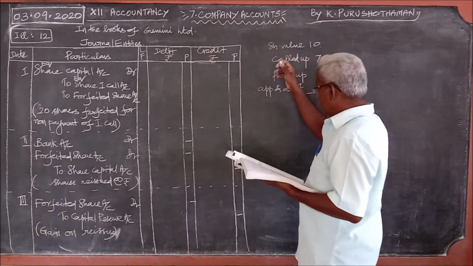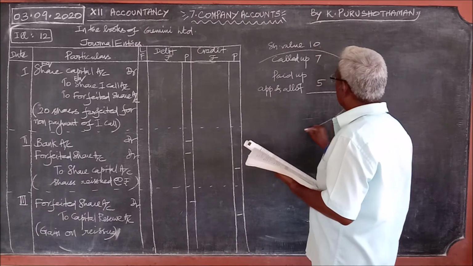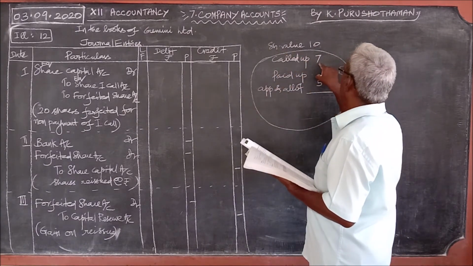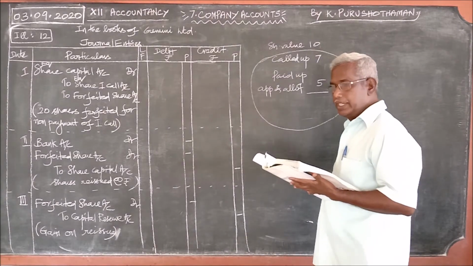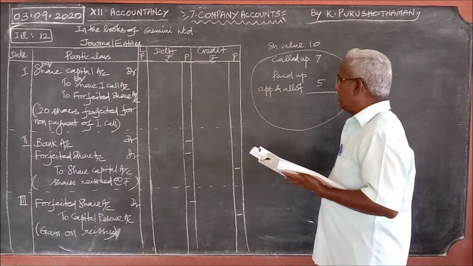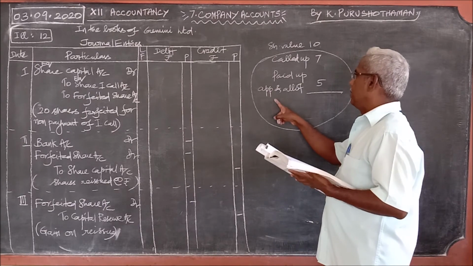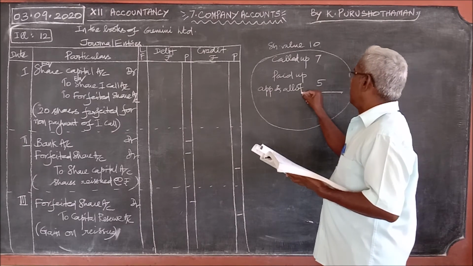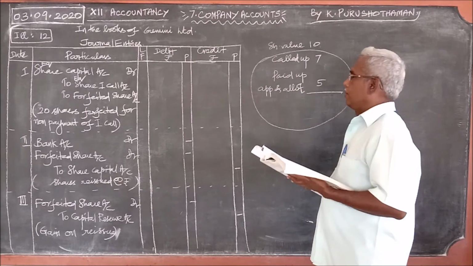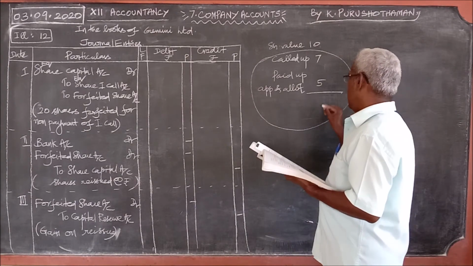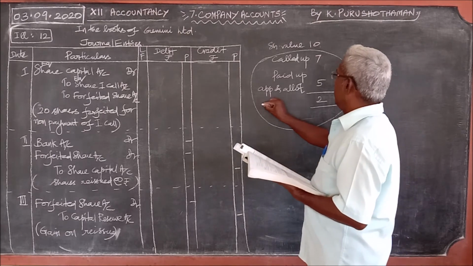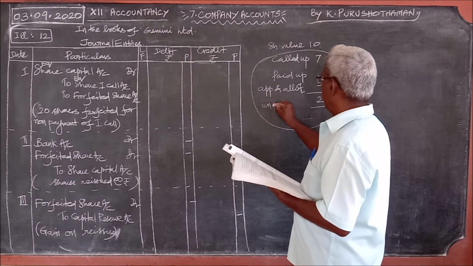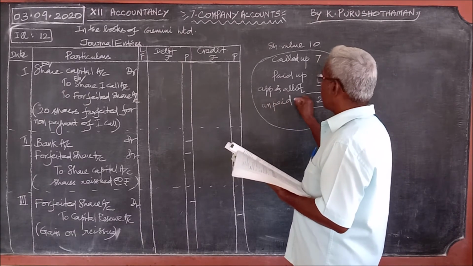So the company called the shareholders to pay 7, but the shareholders paid application money and allotment money, totally 5 rupees. But what about the remaining 2? It is not paid up, that is the unpaid amount, 2 rupees.